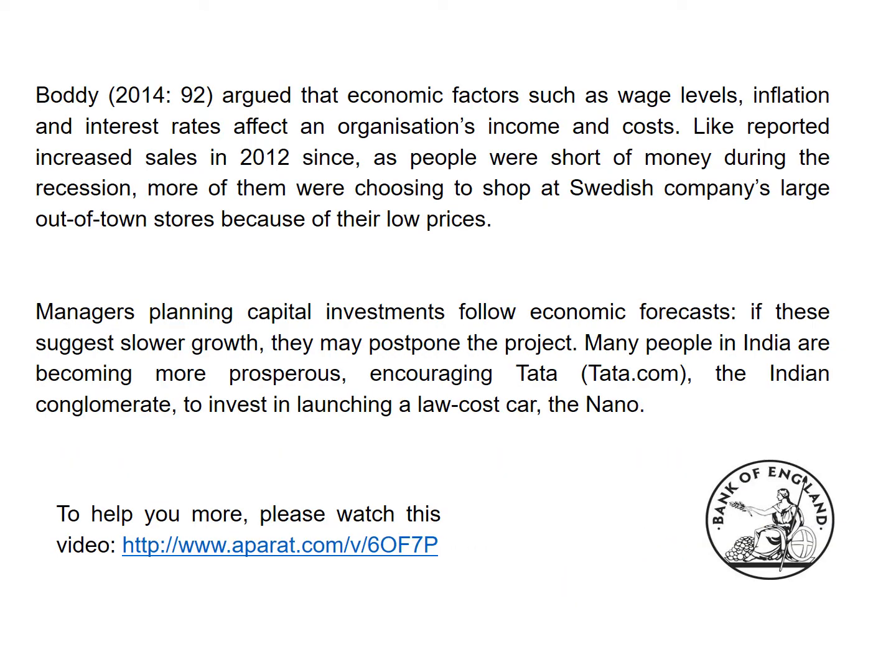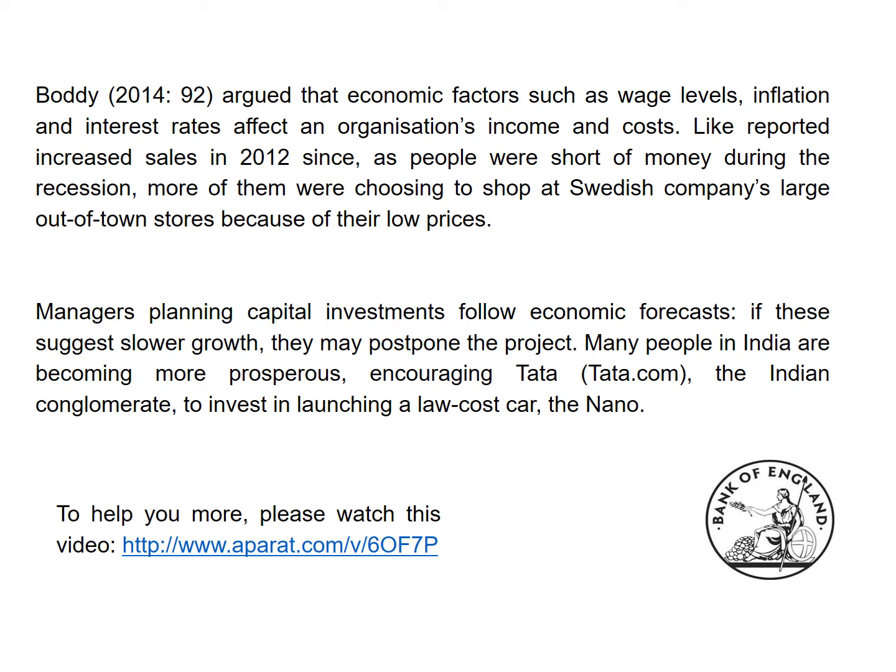Bobby 2014 argued that economic factors such as wage levels, inflation, and interest rates affect an organization's income and costs. Like reported increase in sales in 2012, since as people were short of money during the recession, more of them were choosing to shop at Swedish companies' large out-of-town stores because of their low prices.